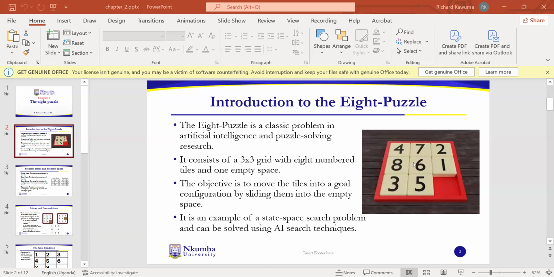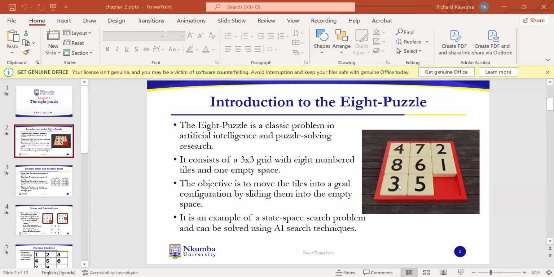So if this is the present state, and our goal state is to have maybe 8, 5, 2 up, and to have 3, 4, 1 here, and maybe 7 and 2 here. So we have the present state, presently what is there, okay?